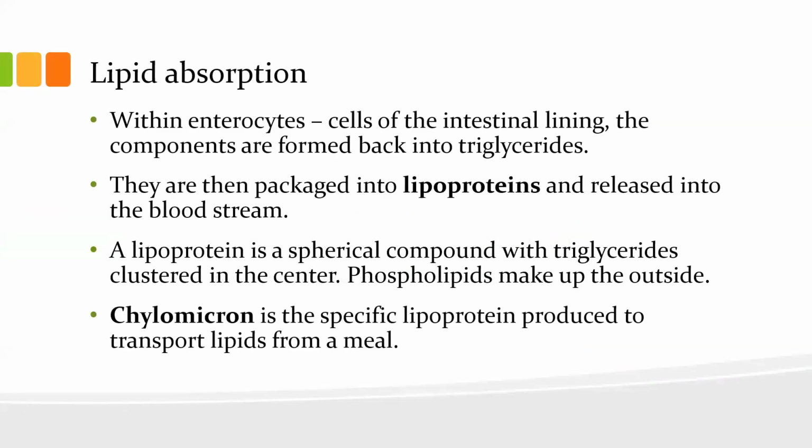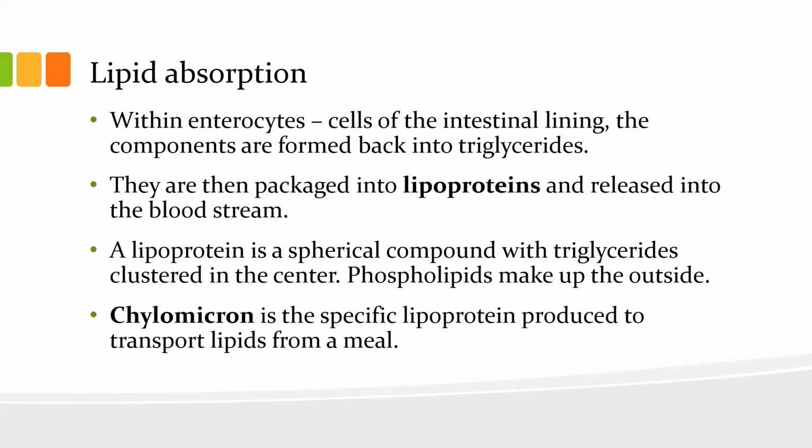Now, let's talk about the actual absorption of this lipid product into the bloodstream. We are now in the enterocytes, which are the cells of the intestinal lining, and those components that we just digested are actually going to be formed right back into triglycerides. But they are still not able to get into the bloodstream, and so we have to package them into what are called lipoproteins and release them then into the bloodstream.